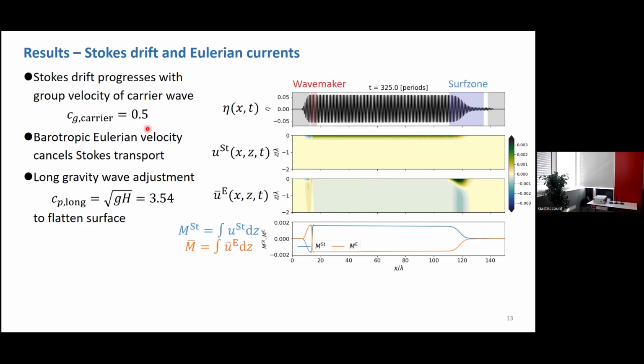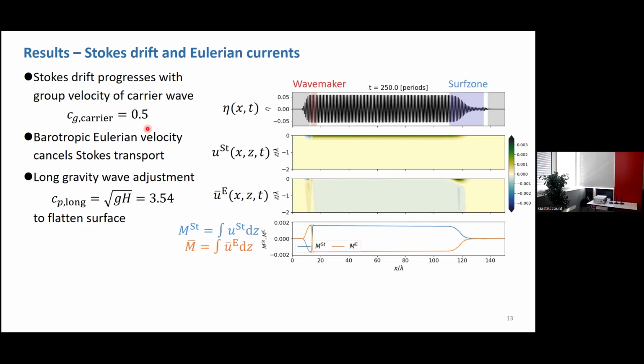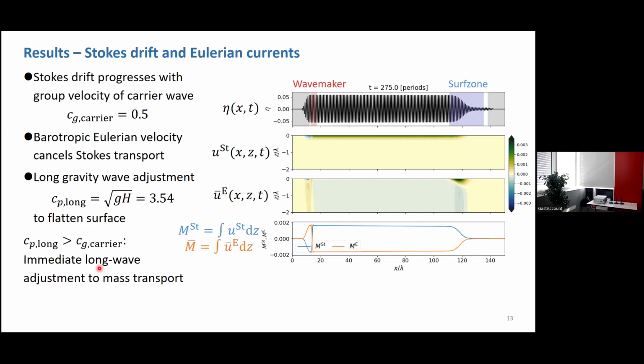So the gravity wave response occurs in a subcritical regime. Effectively, the rigid lid condition is almost always achieved. So there's an immediate long wave adjustment to mass transport.